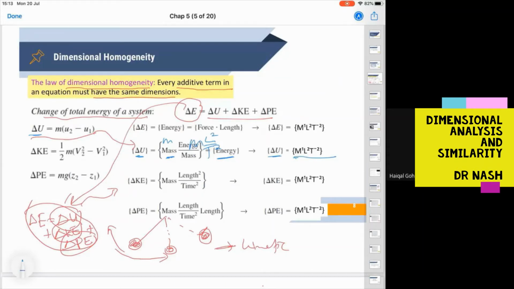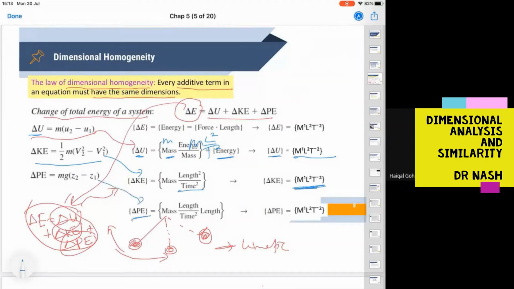And then second one is kinetic energy, and kinetic energy is also the same. You can have the full extension of the terms in the textbook, you may refer there, but if you look carefully, all are the same: mass times length power of 2 over time power of 2. The same units also occur here, and the potential energy is also the same.